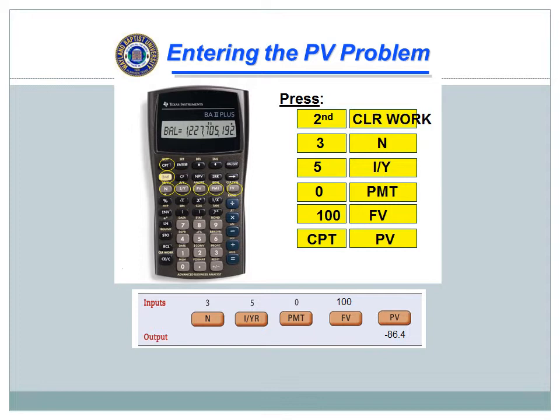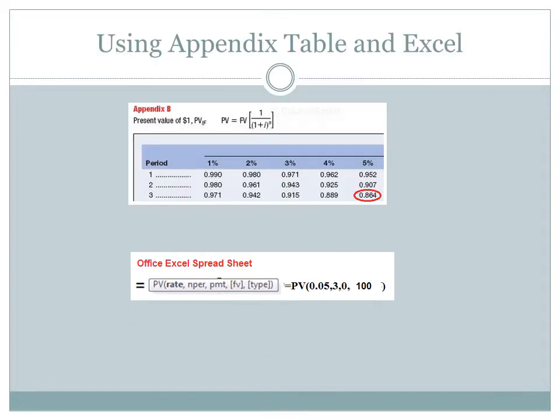Also, you can use a financial calculator. If you use a financial calculator, you do the same thing. You type 3 N, 5 I/Y, 0 payment, 100 FV, and then compute the present value. You will get negative 86.4. Or you can use the appendix table.